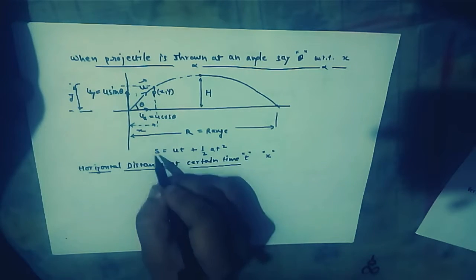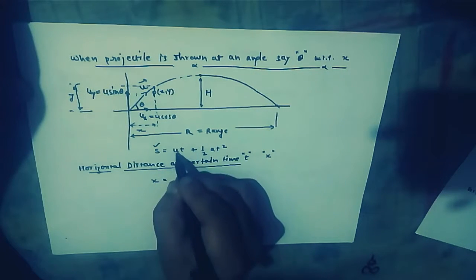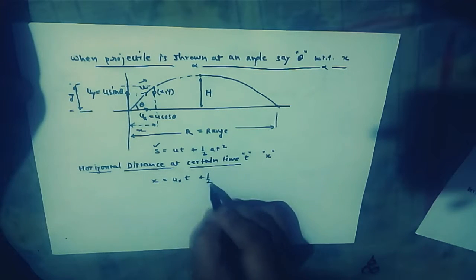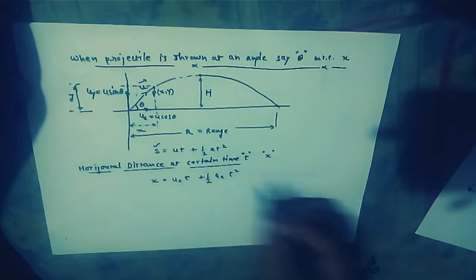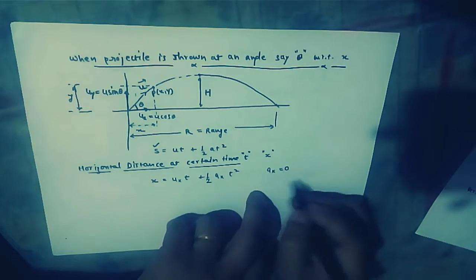In place of s you can write x, and it is ux t plus half ax t square. Again, ax is 0 because nothing is being added here, no engine, no fuel.